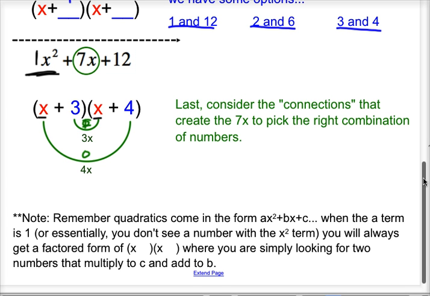Okay, so this is a very, very basic case, how you always begin learning how to factor. And that little note on the bottom will remind you of that, that when the a is 1, you're literally looking for 2 numbers that multiply to c, the constant, and that add to b, the value with the x. Okay, so let's just step through a couple examples here to recall what this looks like.